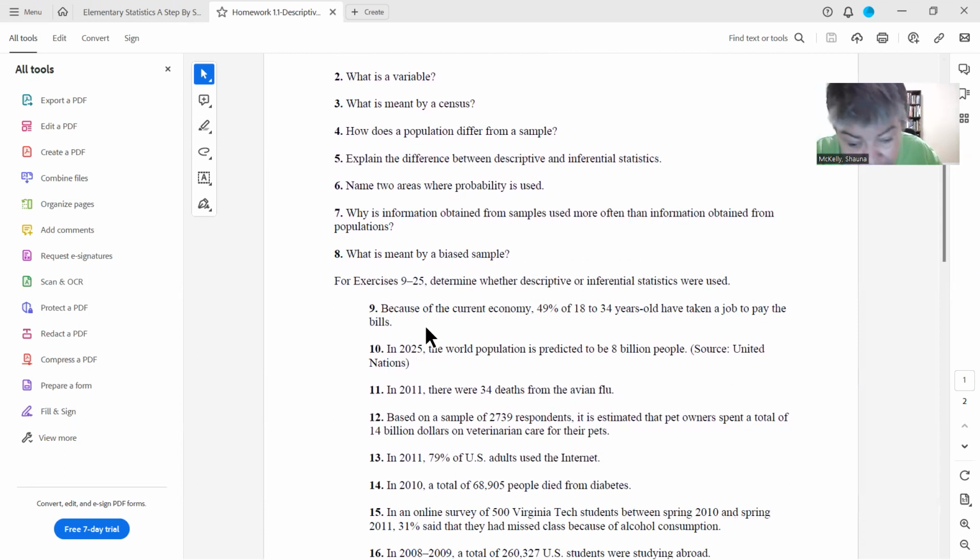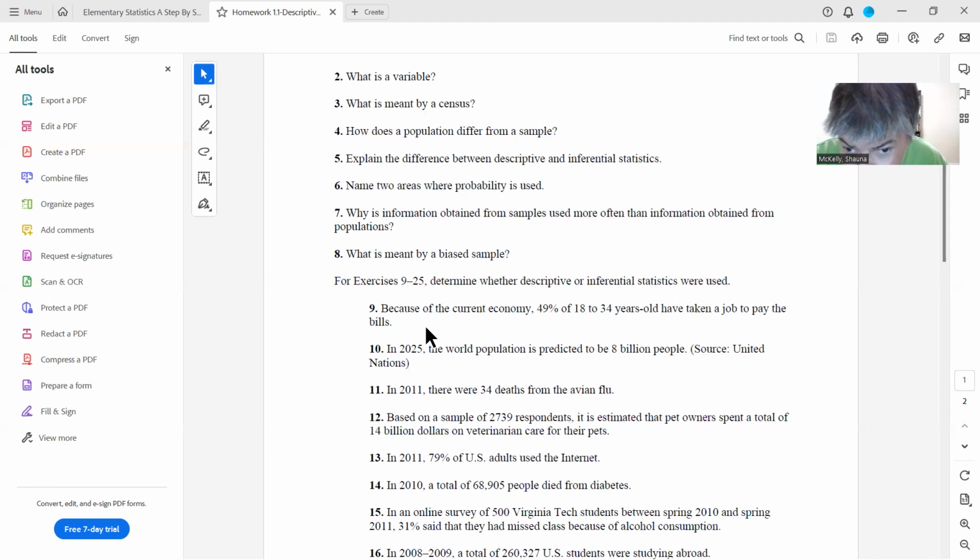If it's descriptive statistics, you're just going to be describing the state of whatever you're talking about. If it makes a prediction, or if it's citing a relationship, then you're going to have an inference on your hands, okay?